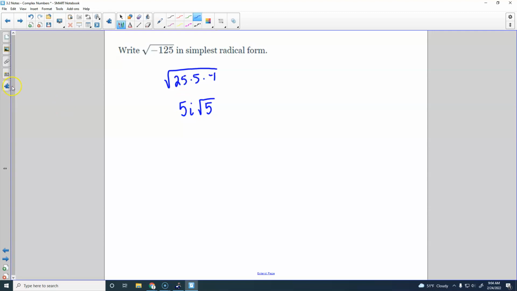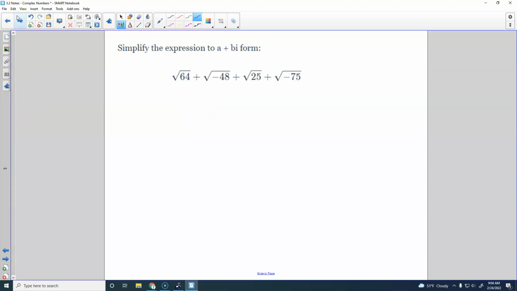Okay, so this asks us to simplify the expression to a plus bi form. So this a plus bi is what we call a complex number.